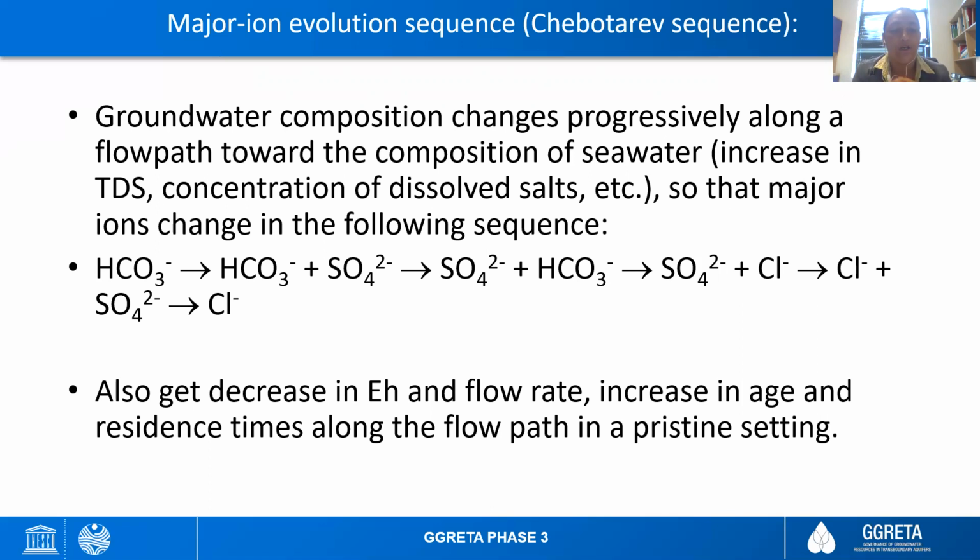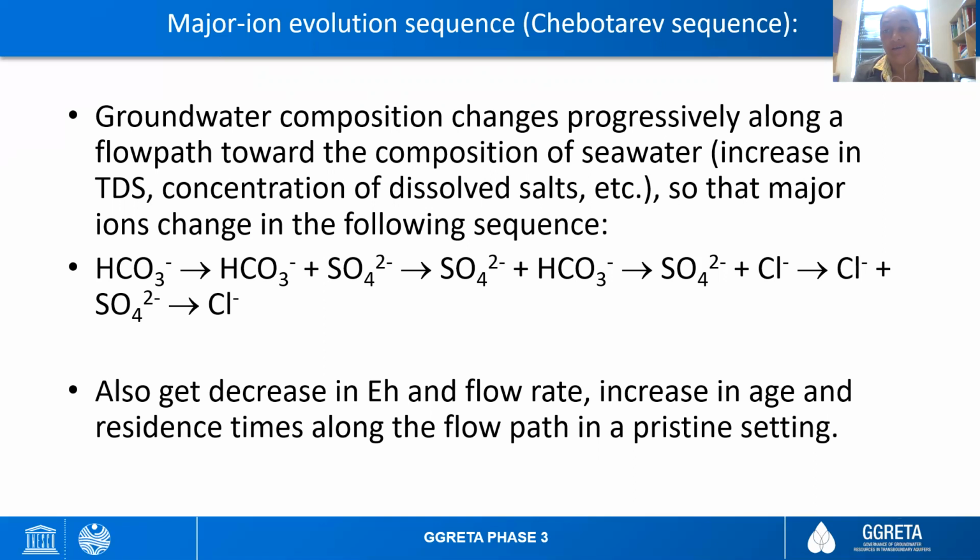With these chemical changes, you also have a decrease in redox potential and flow rate. So in essence, when we have a big sedimentary basin, there's also an increase in age and residence time, which relates to longer water-rock interaction and some ion exchange processes.